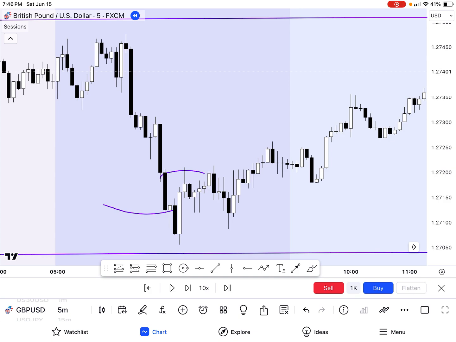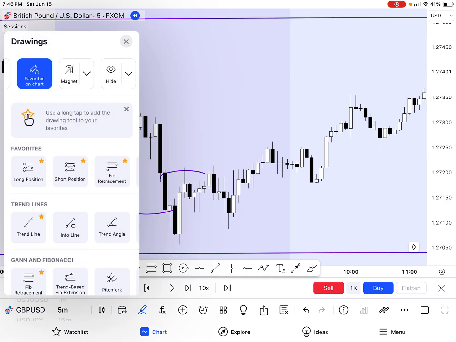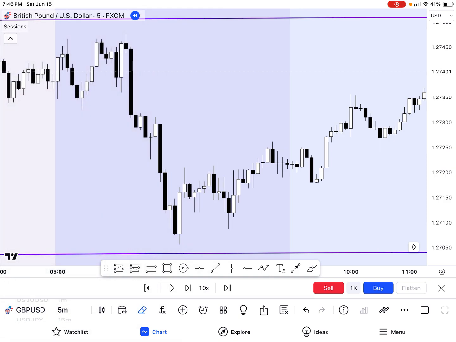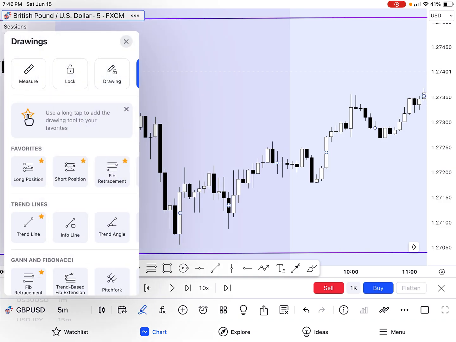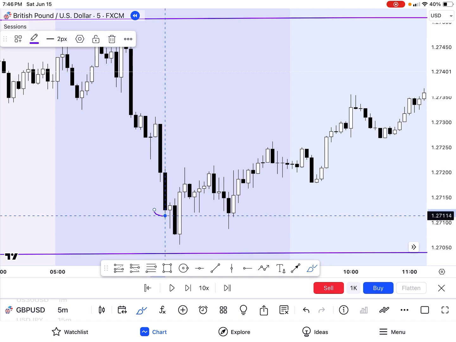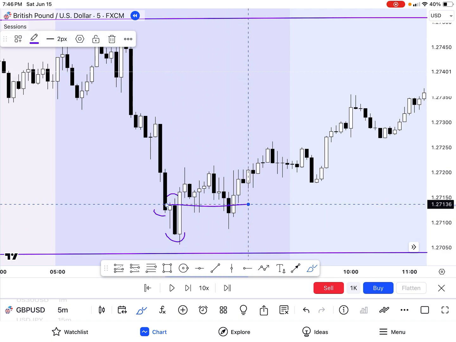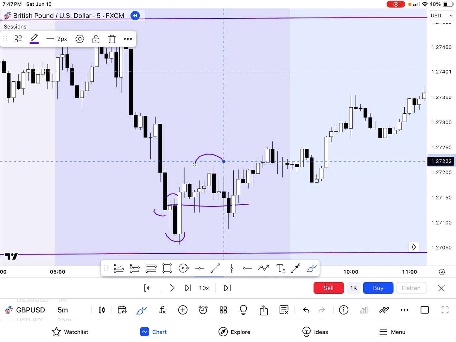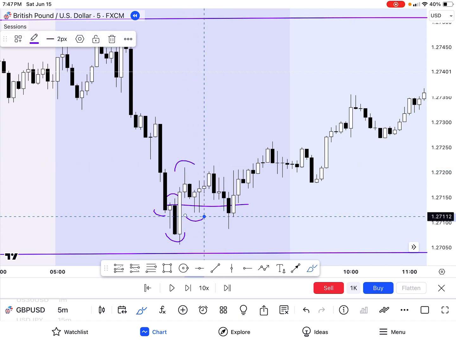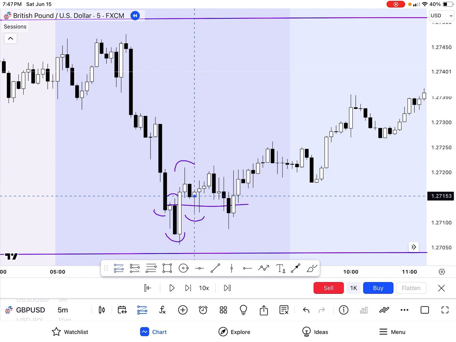So we have lower low, lower high, lower low, break, higher high. I actually took it up the first time around, higher high, higher low. So I was like, this is my entry.